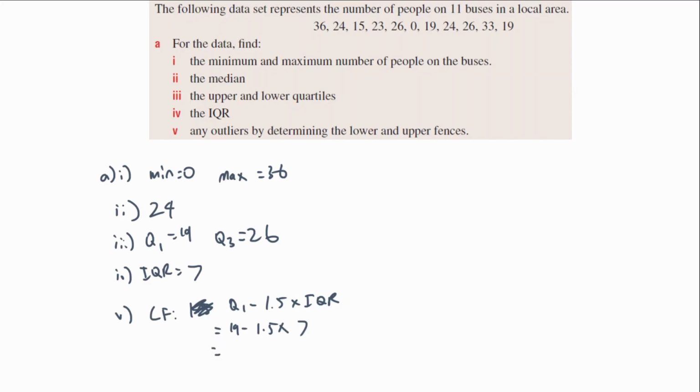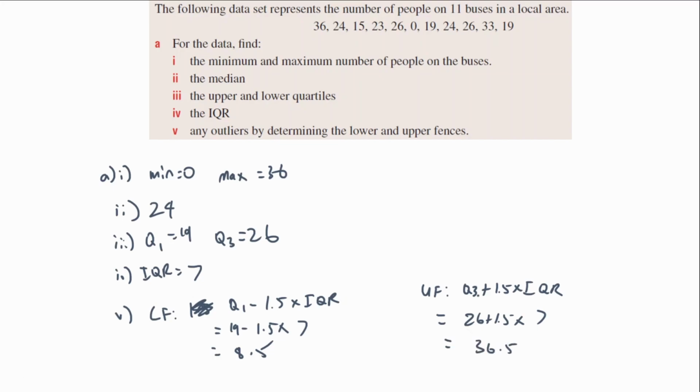Just chuck that straight into your calculator and that gives you a value of 8.5. And upper fence, I'll do that over here. That's Q3 plus 1.5 times IQR. And Q3 was 26 and IQR was 7. So chuck that straight into your calculator and that gives you a value of 36.5.